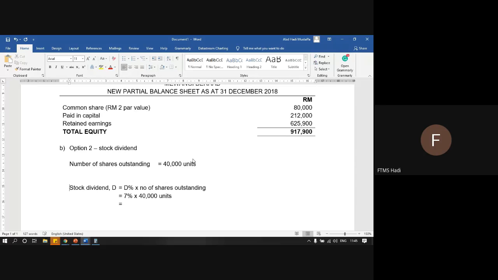But before that, I forgot something: increase in common share. Because for stock dividend, you will increase the common share.